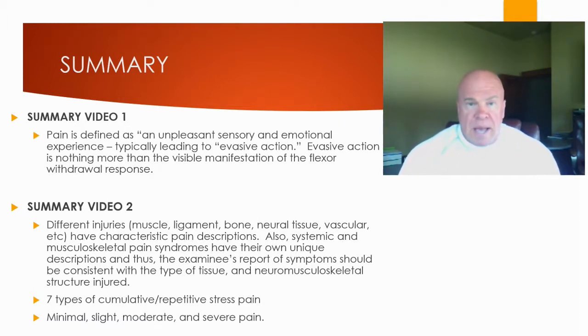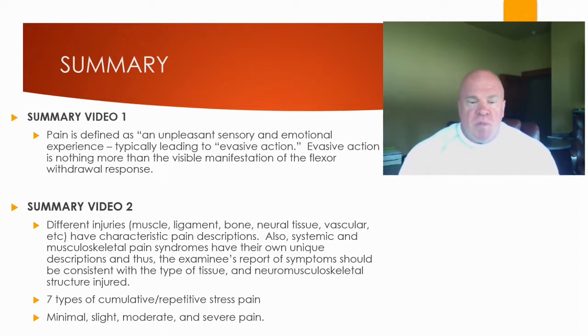Also, systemic and musculoskeletal pain syndromes, which are different pain syndromes, have their own unique descriptors, and examinees will use different descriptors in describing injuries to the musculoskeletal system compared to the descriptors that they use to describe their symptoms in the cases of systemic pain syndromes.